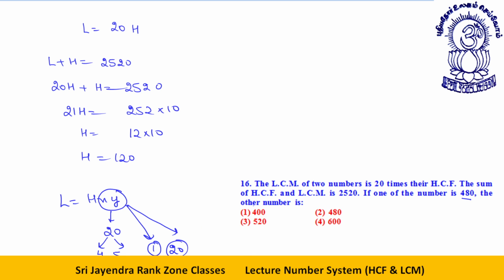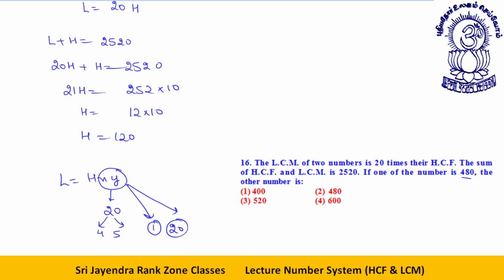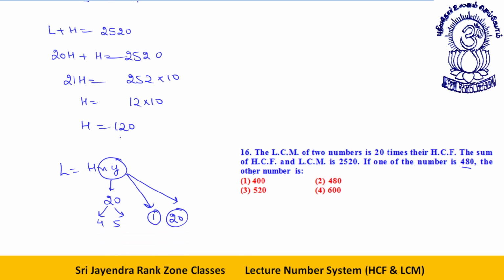We are being given H is 120. If H is 120 and one of the numbers is 480, then only this is possible. How come? X is equal to 4, Y is equal to 5.